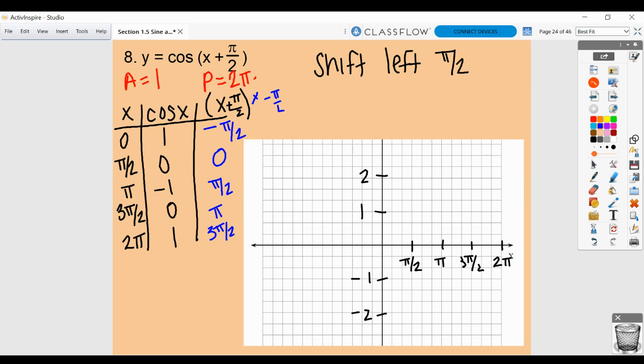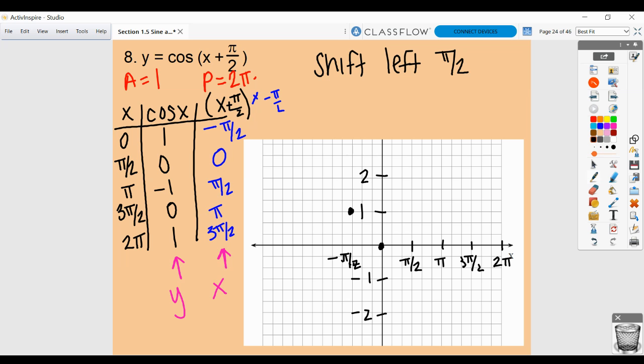Okay, so now you're going to graph this one, and this is kind of backwards. That's the y, that's the x. So negative pi over 2, 1. 0, 0.